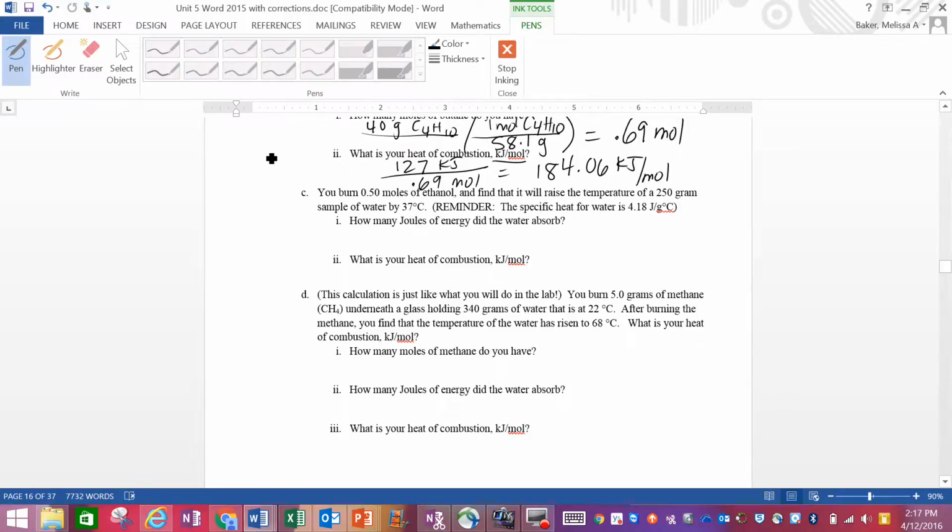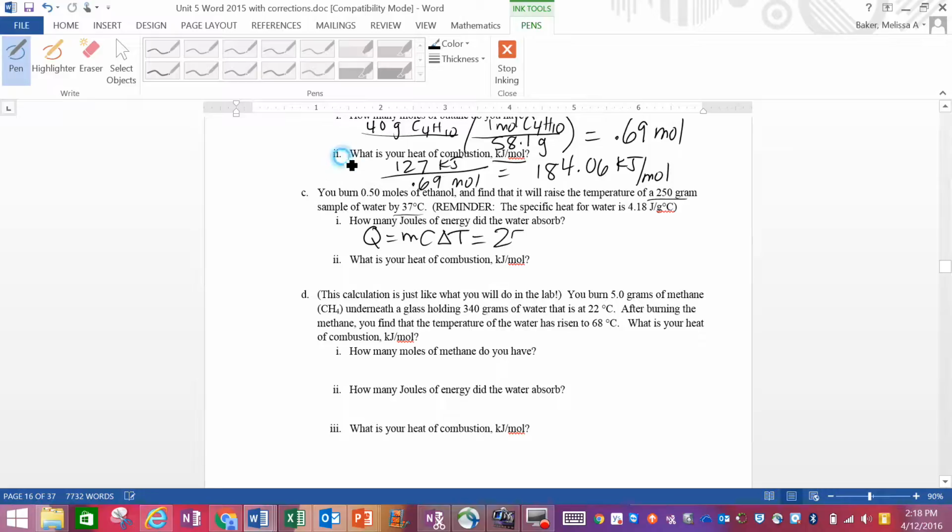What if you're burning ethanol underneath some water and it raises 250 grams of water 37 degrees Celsius? This is exactly like what you're doing in your lab, burning food only instead of ethanol. So we're taking the mass of the water times the specific heat for water times the change in temperature.